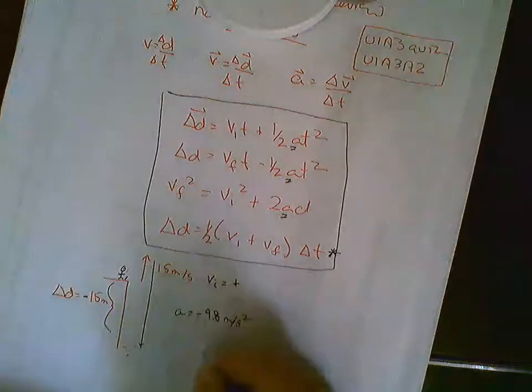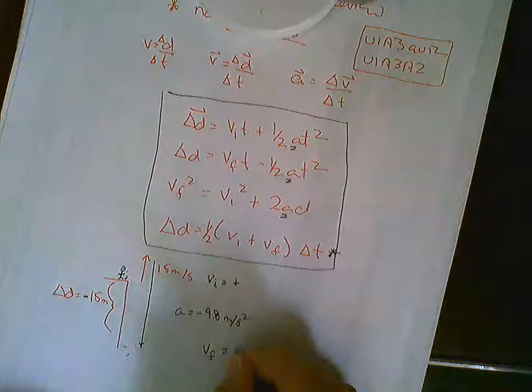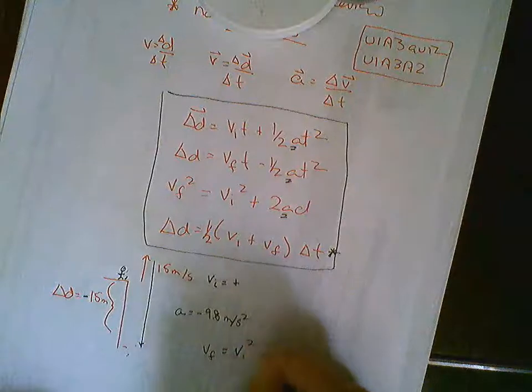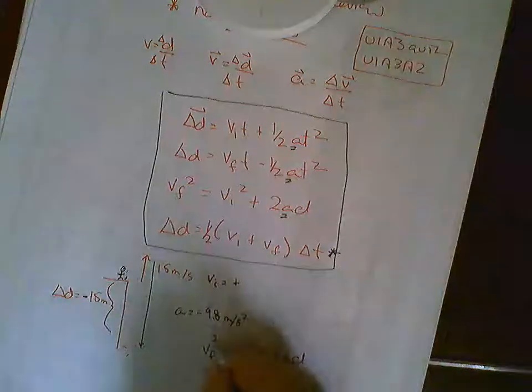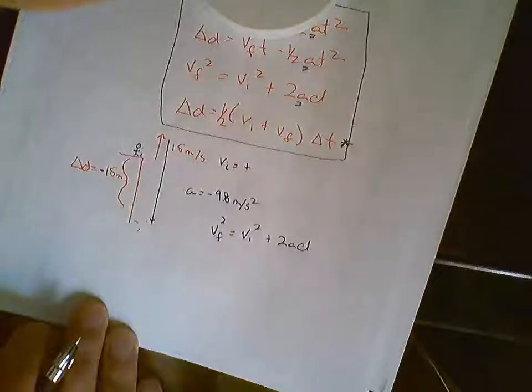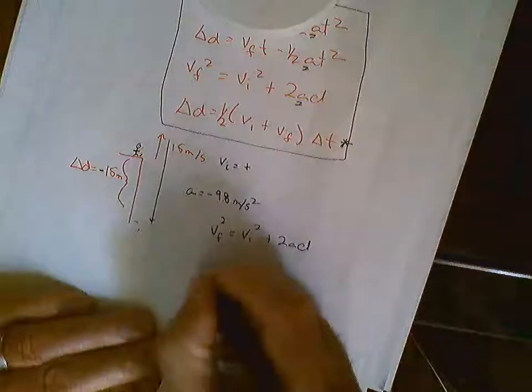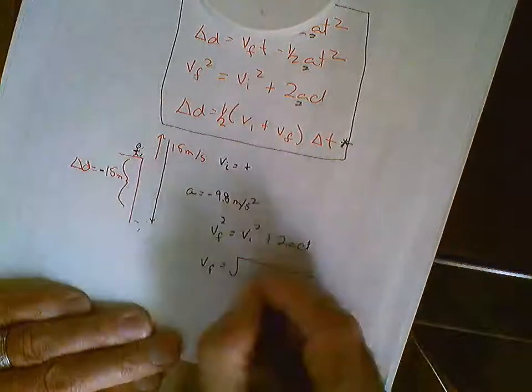So you can use any formula you want that has final velocity in it where you have everything else that you need. So I'm going to use this formula right here. VF squared equals VI squared plus 2AD. And I'm going to use this formula because I've got all the information I need and it's easy.